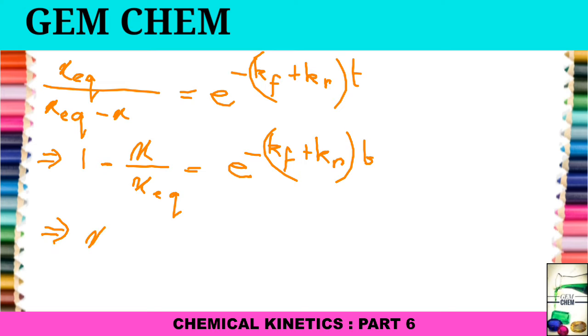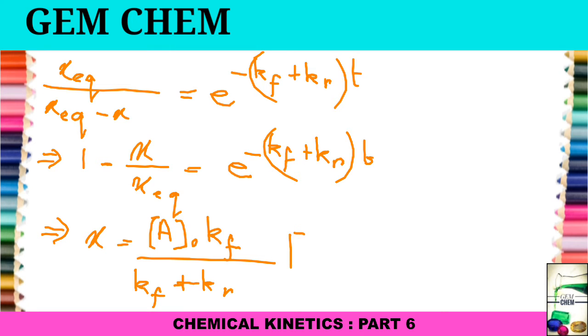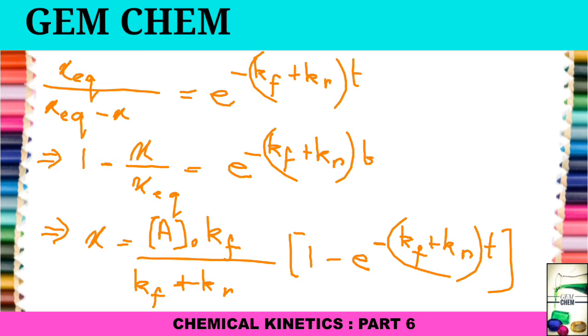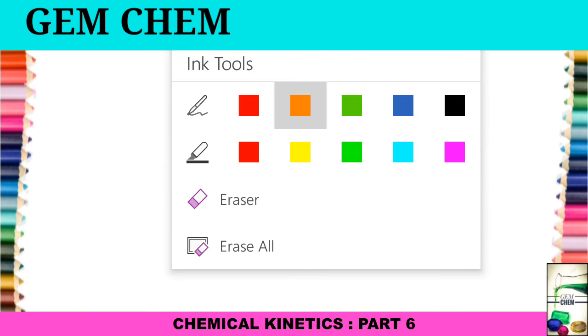From here we get X equals to A naught Kf by Kf plus Kr, 1 minus e to the power minus Kf plus Kr T. This is the value of X which is being obtained right now. Now we will see the value of X equilibrium in the next step.